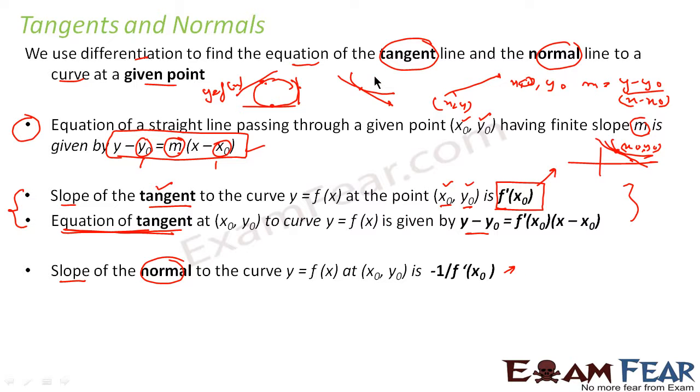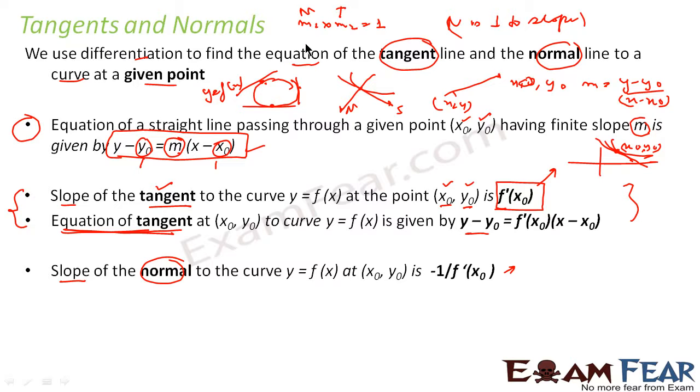Why? Because normal is something like this. If this is my tangent, this is my normal. So normal is perpendicular to the tangent. And if two slopes are perpendicular, then m1 into m2 is nothing but minus 1. Let m1 be the slope of normal and m2 be the slope of tangent.